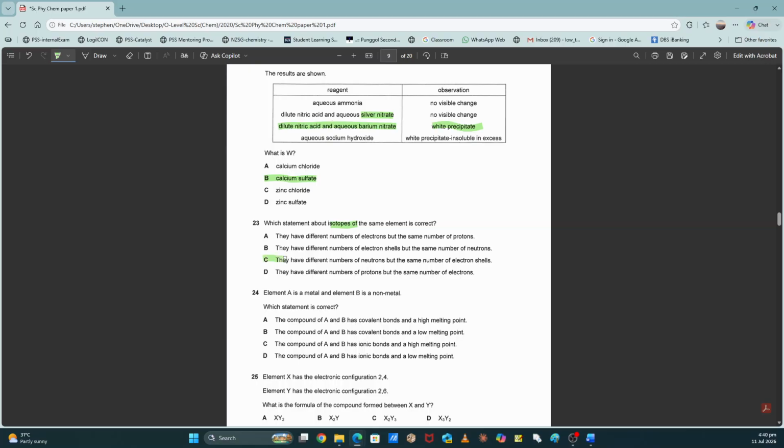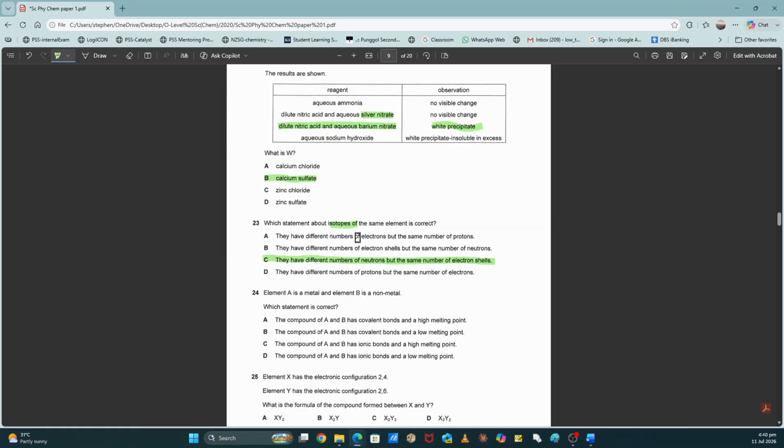But this one, yes, it looks very similar to what you have learned in the textbook. Okay, I tell you why. They have different number of electrons. If we have different number of electrons, that means the two atoms will have different number of protons, right?